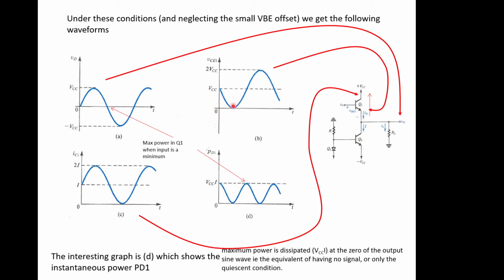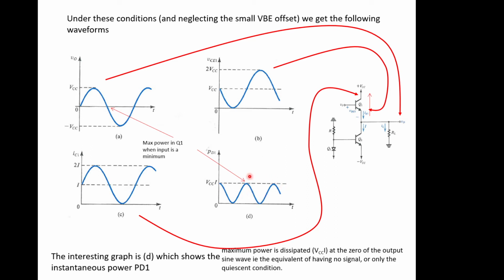So we're getting swings of the total supply voltage across here, and currents varying from 0 to twice the bias current. If you look at the power dissipated in this transistor, which is the current times the voltage across it, you end up getting this characteristic here.